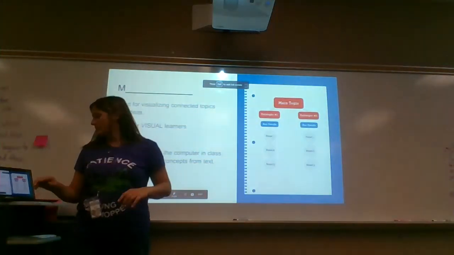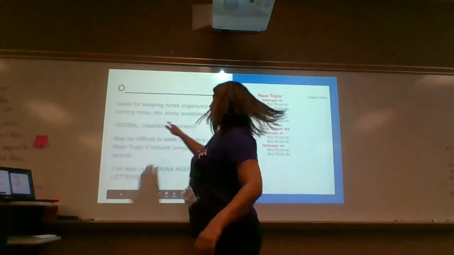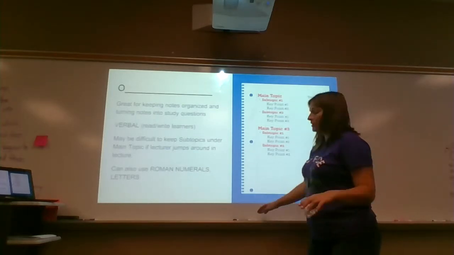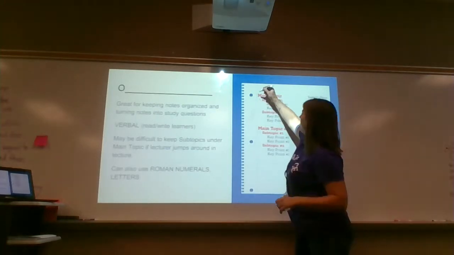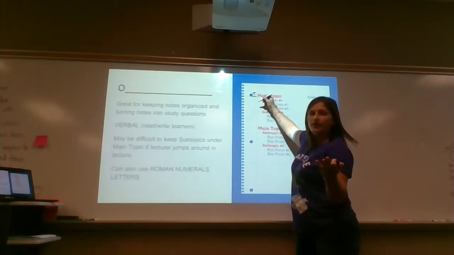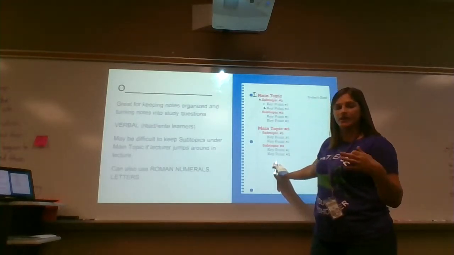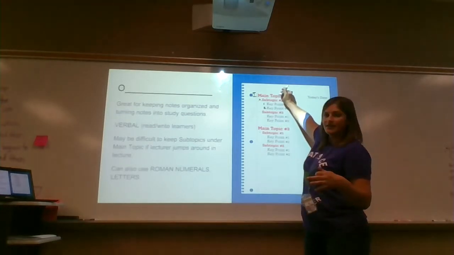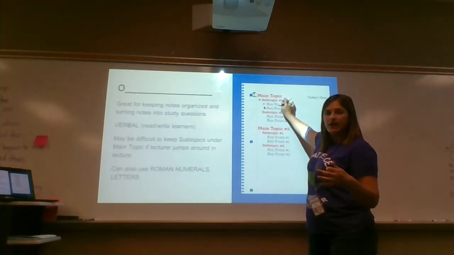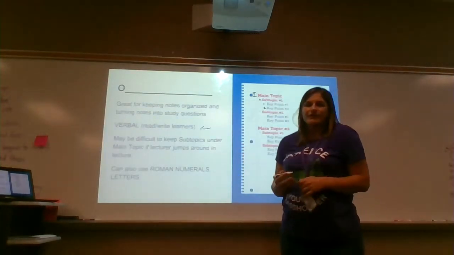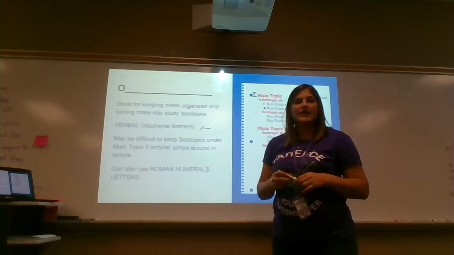Back into presentation mode. The next one is an outline. You could go through this and have Roman numeral 1 and then A, 1, 2, so it looks more like an outline, but basically it has main topics and subtopics. It's really good for read-write learners, but not so great for a visual learner, maybe not even a kinesthetic learner.